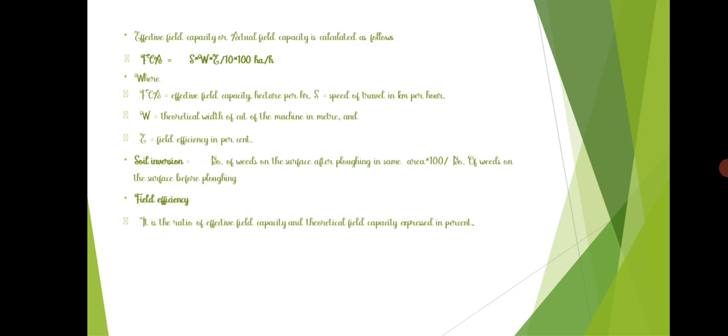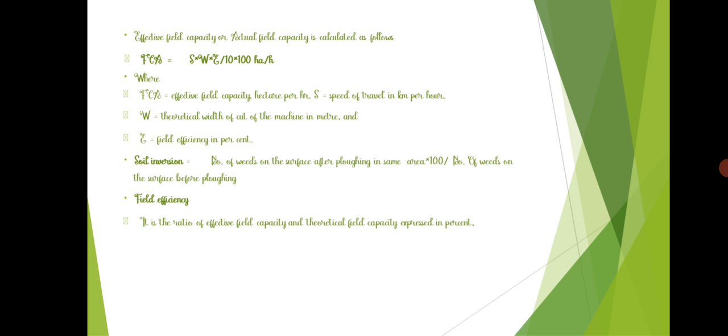Effective field capacity or actual field capacity is calculated as: effective field capacity equals speed of travel in kilometer per hour into theoretical width of cut of a machine in meters into field efficiency in percentage divided by 10 into 100.